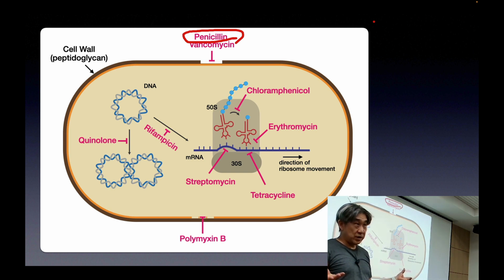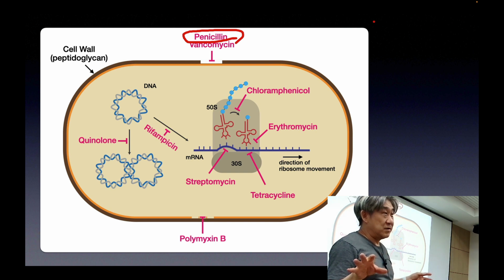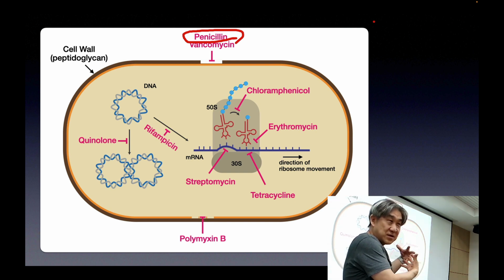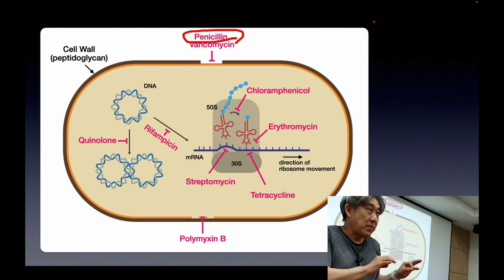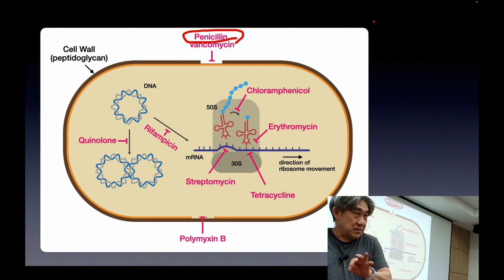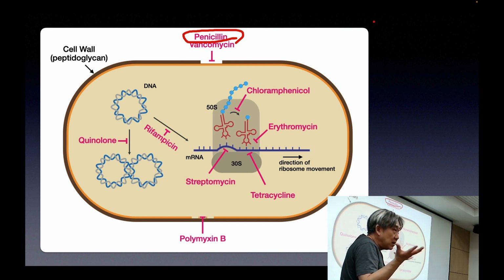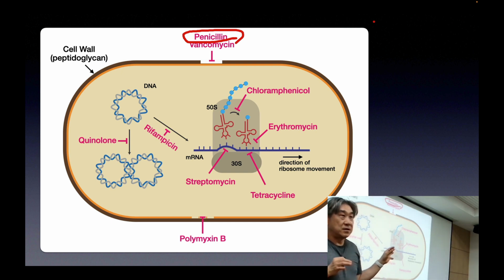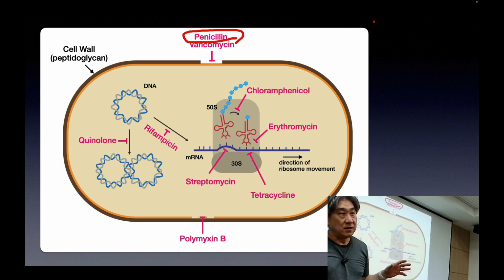The fungus is a eukaryote, and it will gladly kill any bacteria. Somehow, through evolution, they have acquired this particular strong weapon to kill bacteria. And then people discovered penicillin, and it was such a blessing.